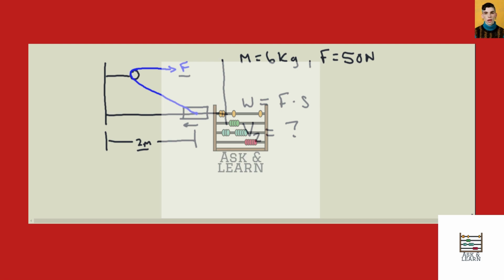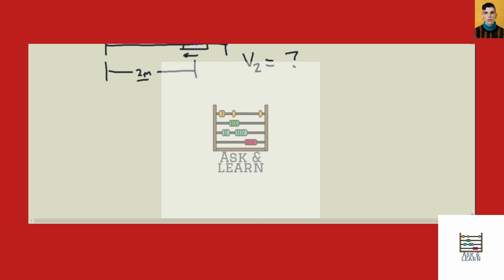So since we're dealing with work and we want to find a velocity, we can use the work energy principle, which is just the initial kinetic energy plus the work being done is equal to the final kinetic energy.